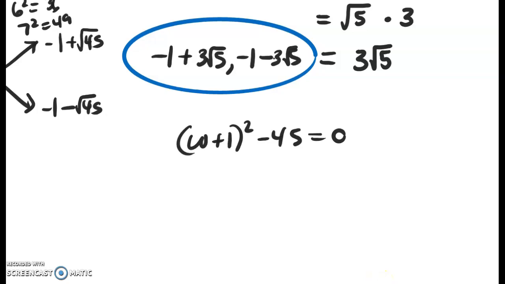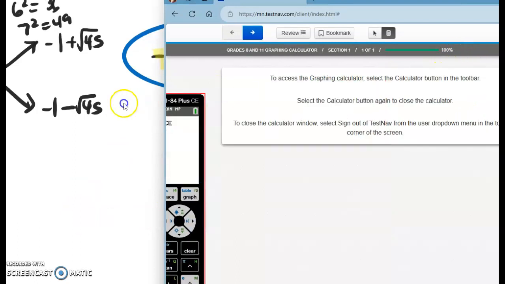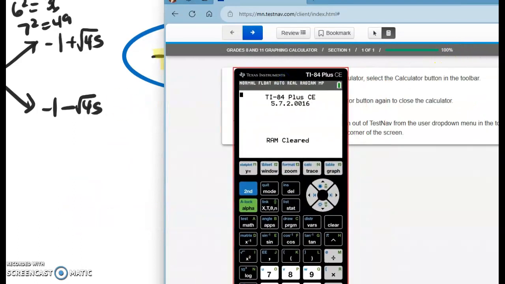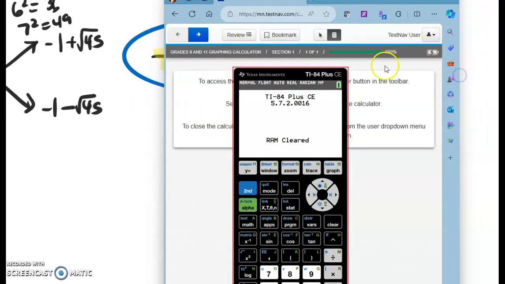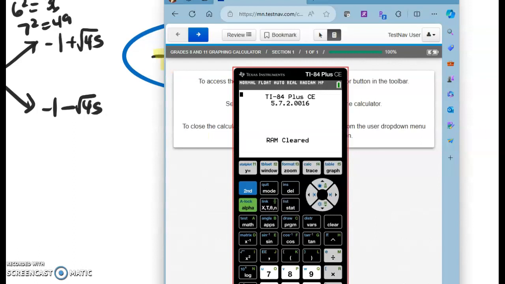I'm going to take this value and plug it in place of w. To do this, I'm just going to use the calculator because it's going to be much easier than trying to do this by hand. You want to make sure you use the calculator to see if you can get your statement to be true.